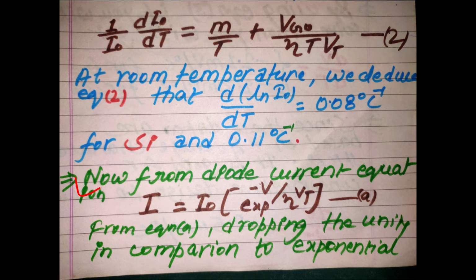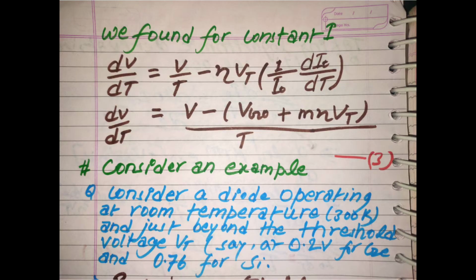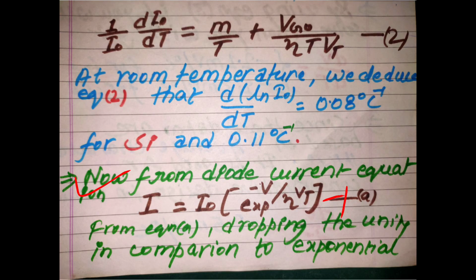Now from the diode current equation, I is equal to I naught into e to the power V upon eta into Vt, minus 1. Here I have neglected the minus 1. From this equation, dropping the unity in comparison to the exponential, for a constant current we take the derivative of this equation with respect to temperature.